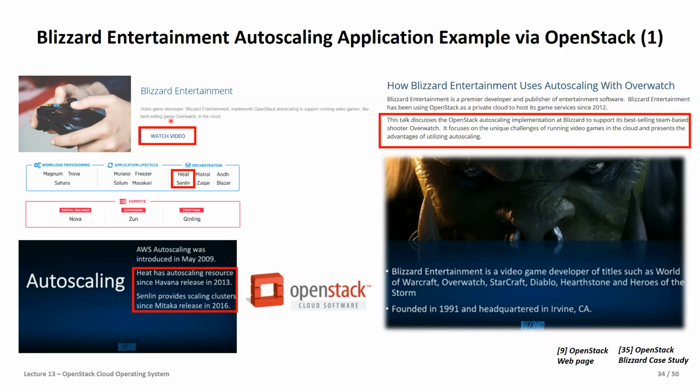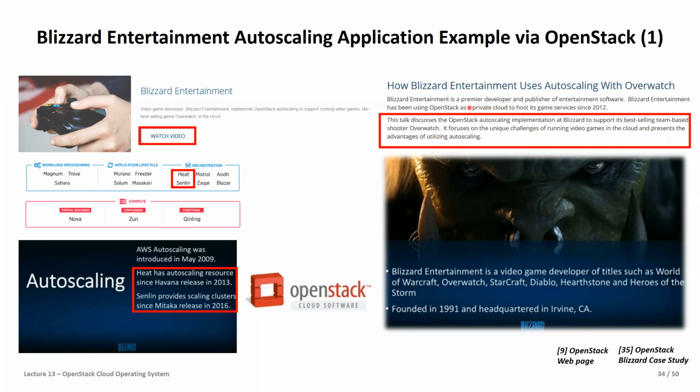And I encourage you to look at this video. I think it's really interesting, not only because it's gaming, it also shows you how they evolve with time, right? They were probably on the AWS services in May 2009 and realized that it costs a lot of money, right? So why not do this on premise and create a private cloud?